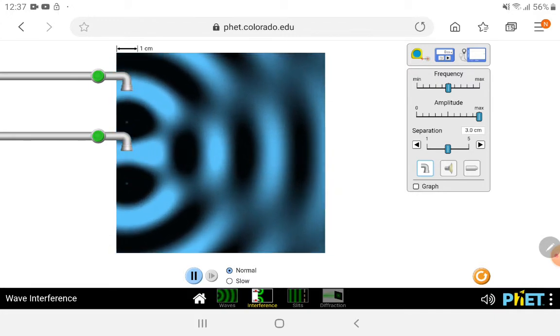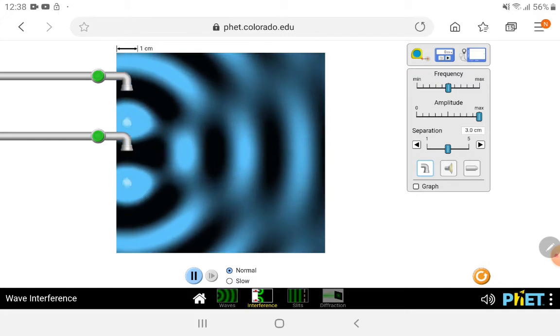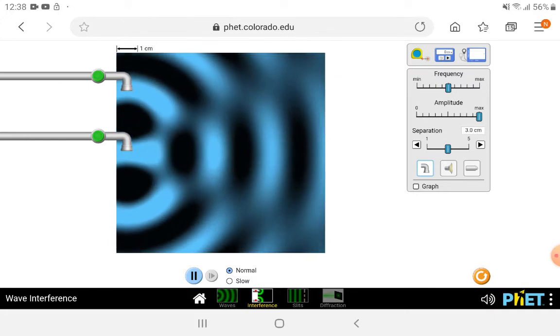Yeah, and we're going to talk about how that is working with light, right?